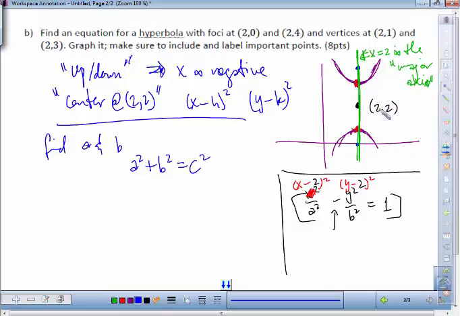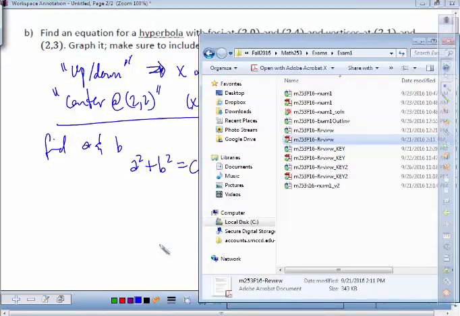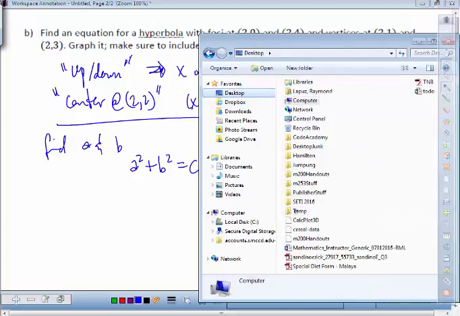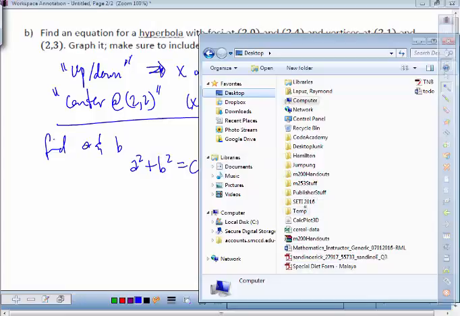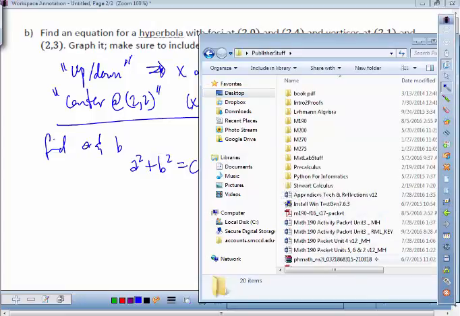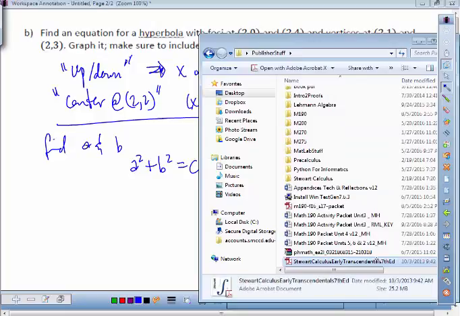Or a or b. What do we do from here? Any ideas? Should I look at my notes? Guess I can look at the book.